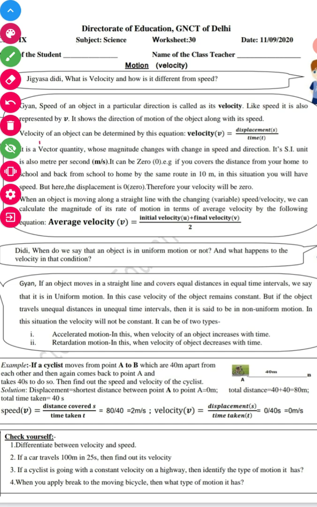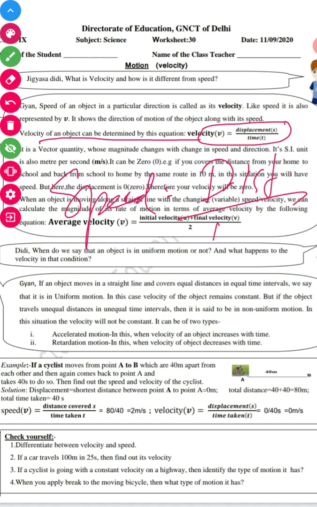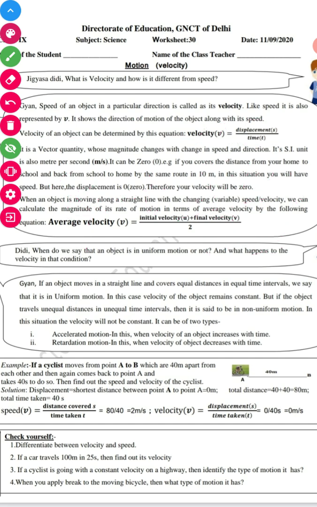So, velocity of an object can be determined by the equation displacement divided by time, whereas speed is equal to distance upon time taken. And velocity is equal to displacement upon time, right?